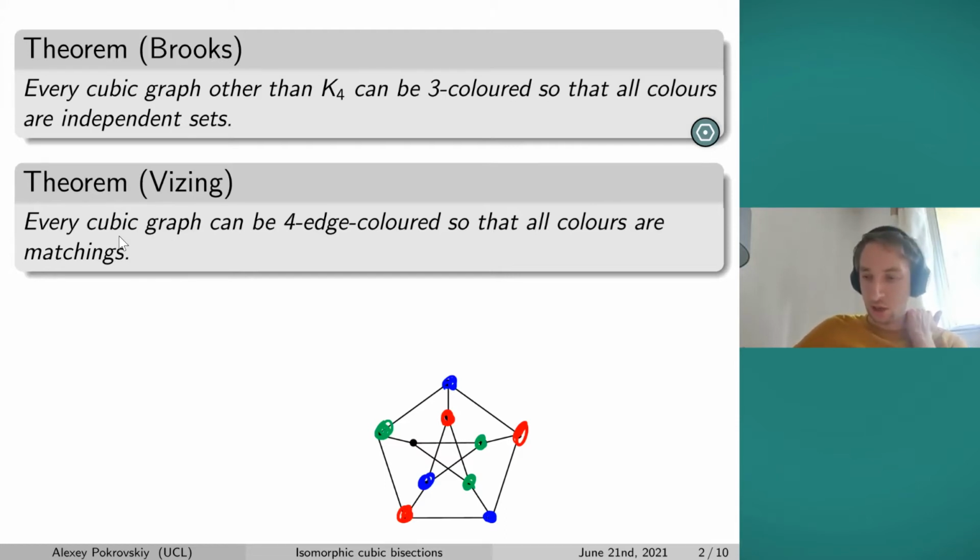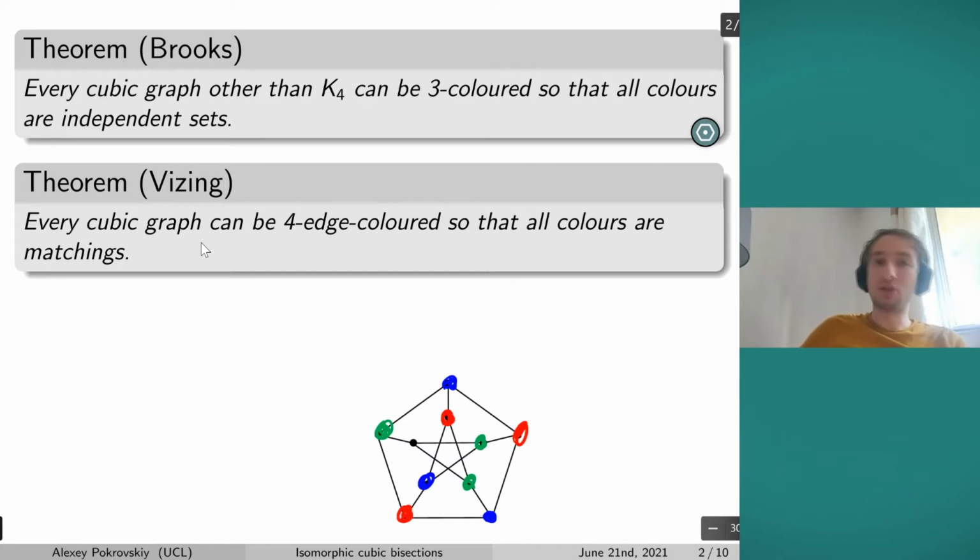You can always 4-edge color a cubic graph to get independent sets. And what the talk will be about is what happens if you use fewer colors. If you use fewer colors than these numbers, then you can't guarantee anymore that the colors are independent sets, but maybe you can still guarantee that the colors have some nice simple structure to them. So that's what the talk will be motivated by.